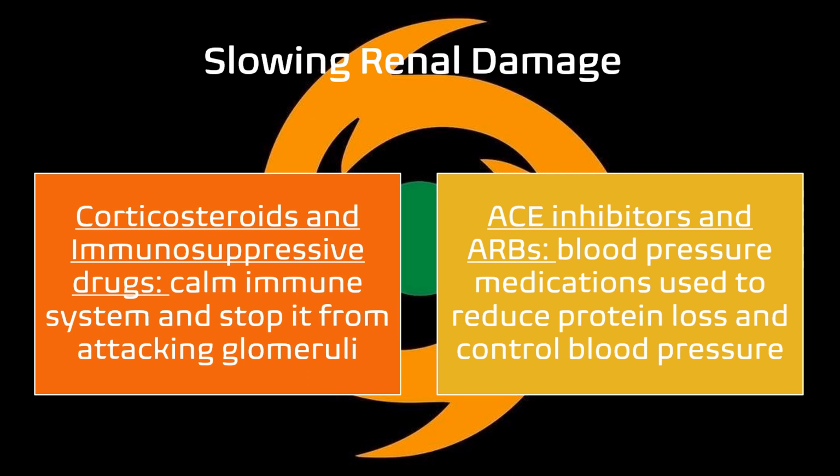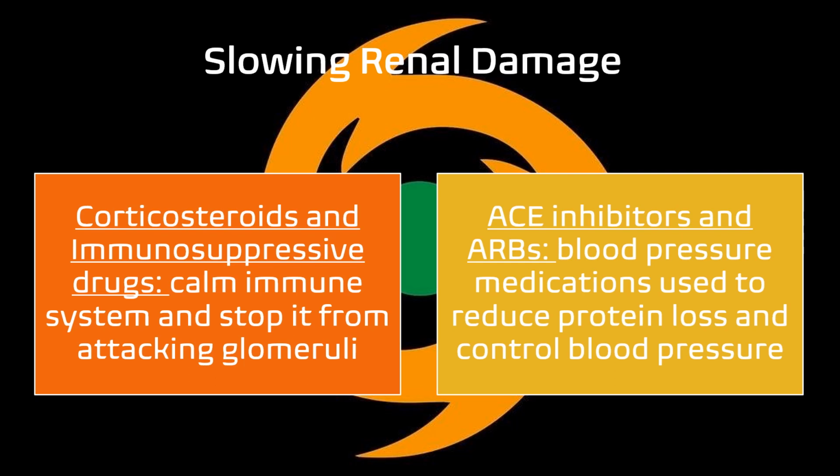In IgA nephropathy, there are several approaches. So corticosteroids and immunosuppressive drugs can dampen the immune system and stop it from attacking the glomeruli.